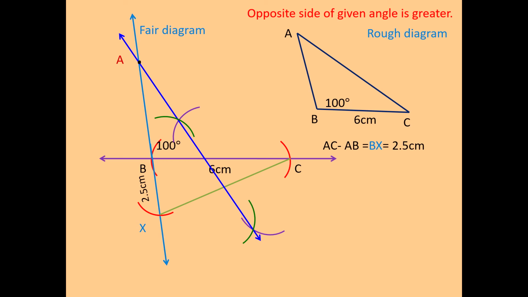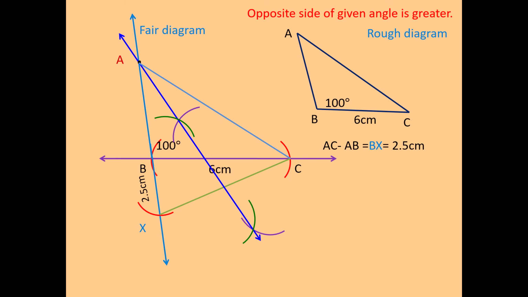Now here we need to be very careful. We have drawn the perpendicular bisector of segment XC, and point A is on the perpendicular bisector of segment XC. So point A will be equidistant from points X and C, because X and C are the endpoints of segment XC.